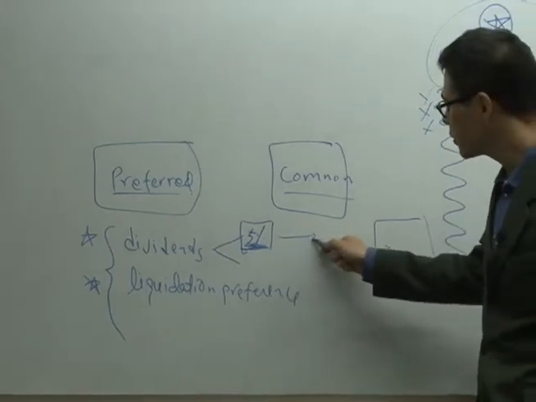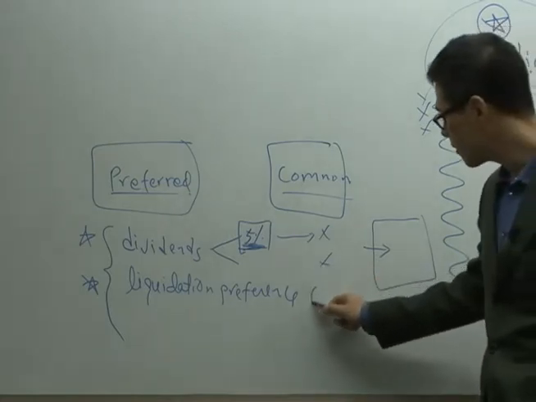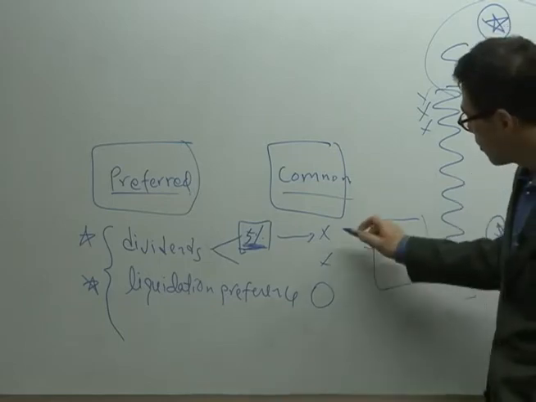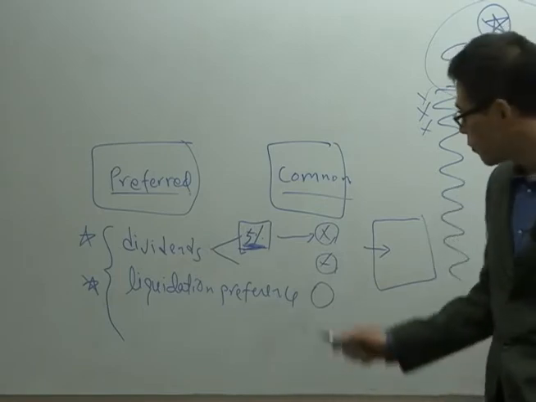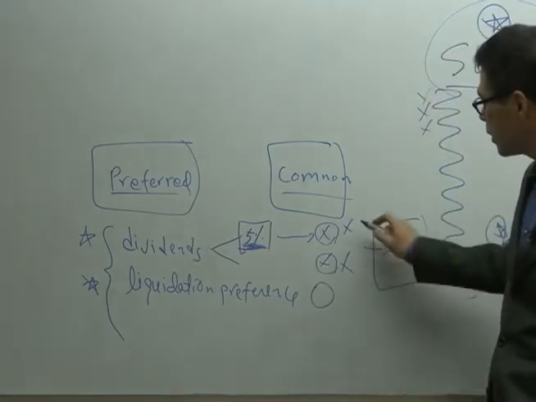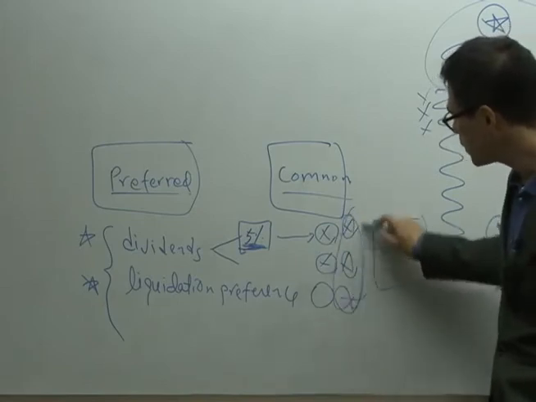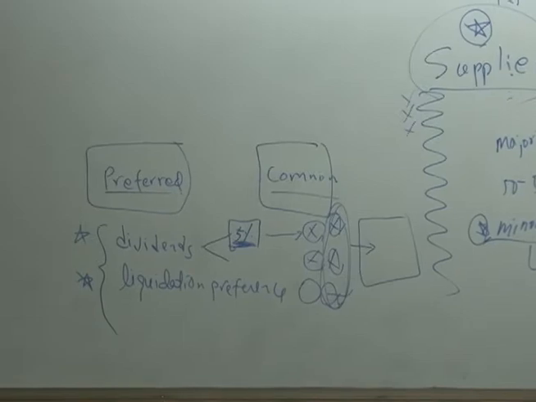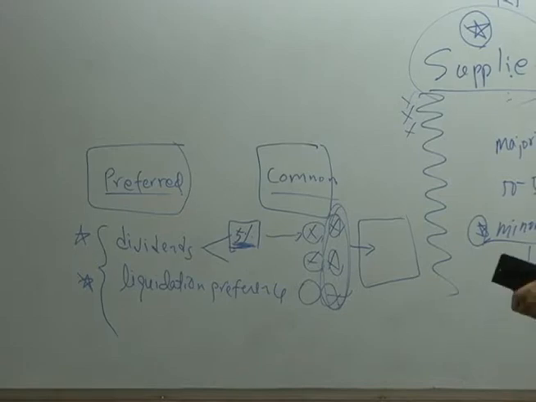So for this year, they were unable to pay. That year, they were unable. But third year, they made a profit, so they could pay. What happened to the 5% that was unpaid? Will you forget about it? Or will you include this, all of it, so that you have to pay all this amount first? Okay, and what are these called?